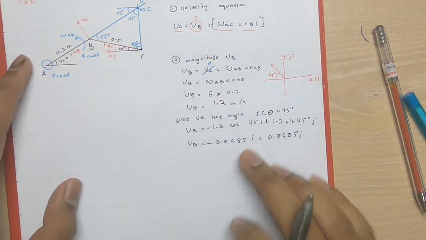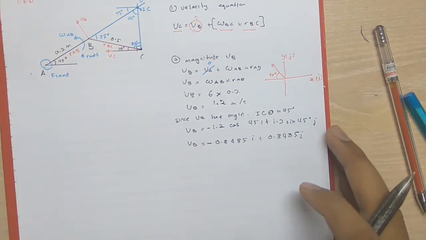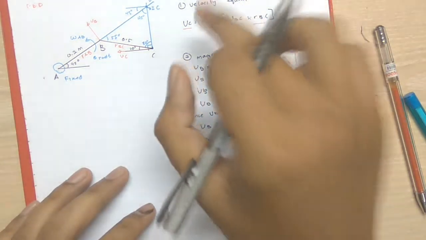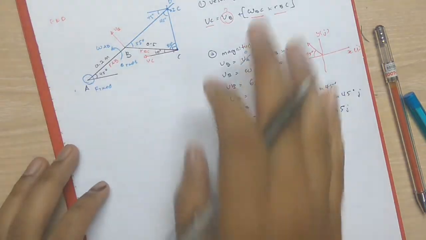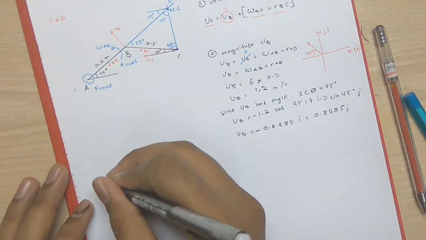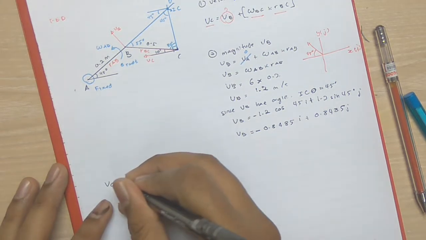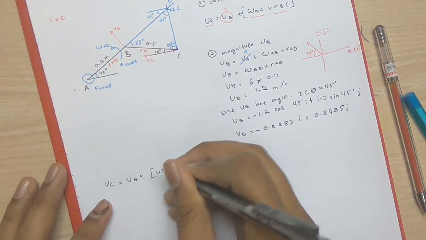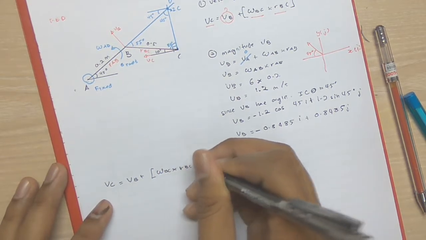This is the complete one. Then we proceed to input it here. From the equation, we get VC equals VB plus omega BC times RBC.